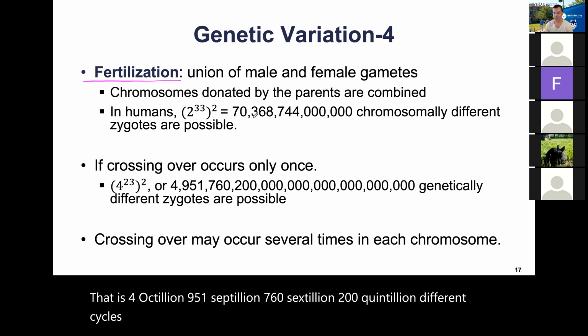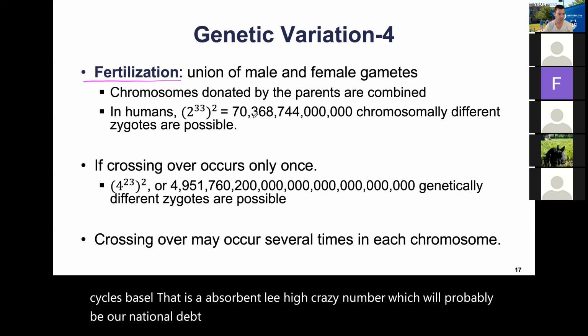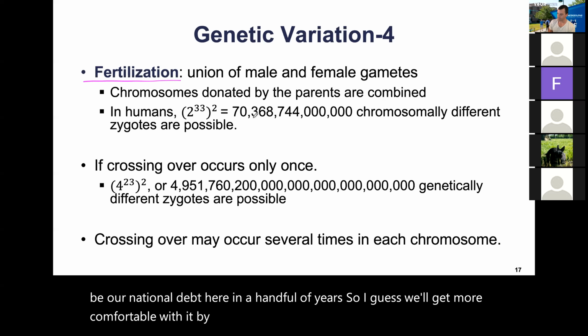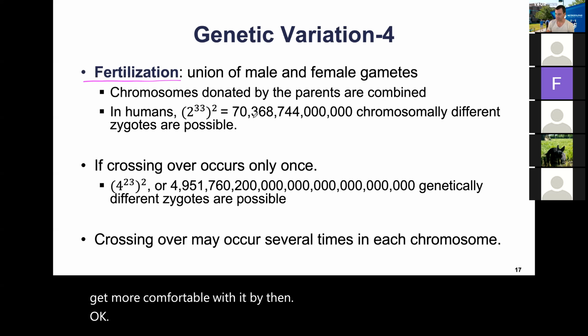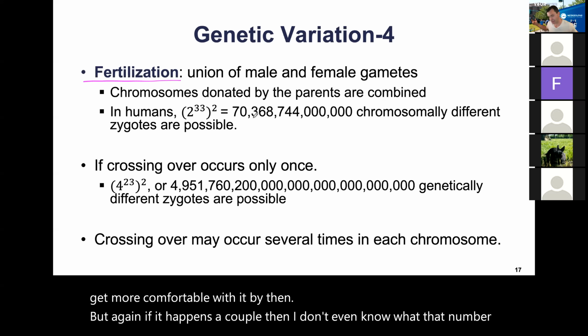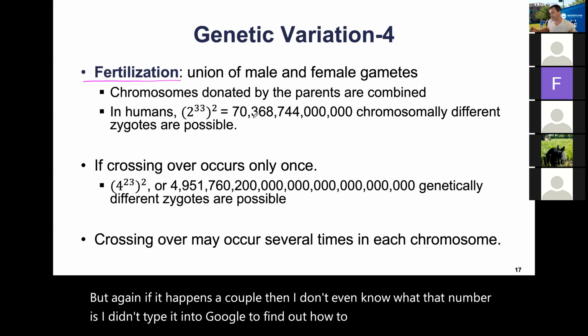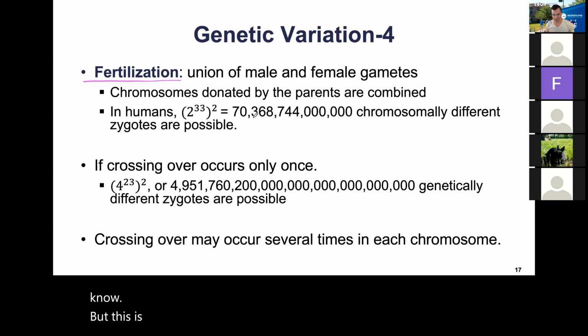That is an absurdly high, crazy number, which will probably be our national debt here in a handful of years. So I guess we'll get more comfortable with it by then. Okay. But again, if it happens a couple, then I don't even know what that number is. I didn't type it into Google to find out how to say it. Okay. I don't know. But this is what meiosis gives us. A huge amount of variation.